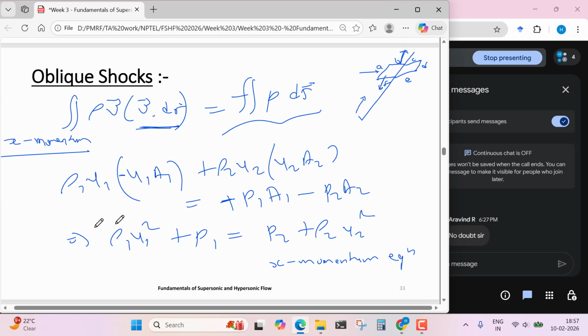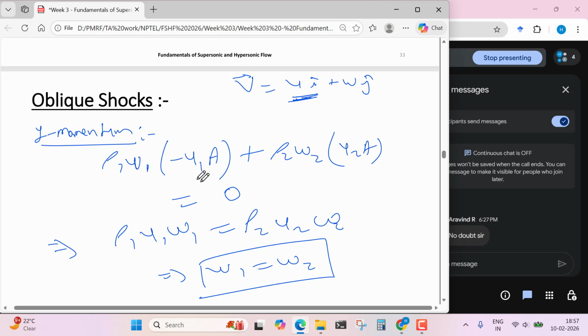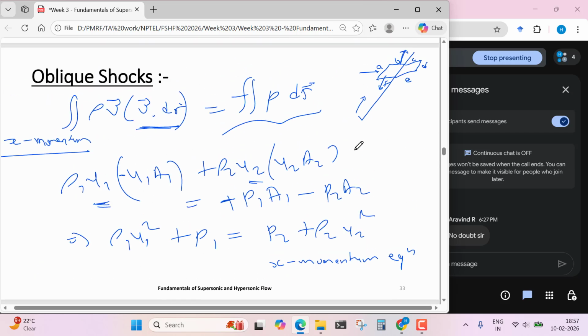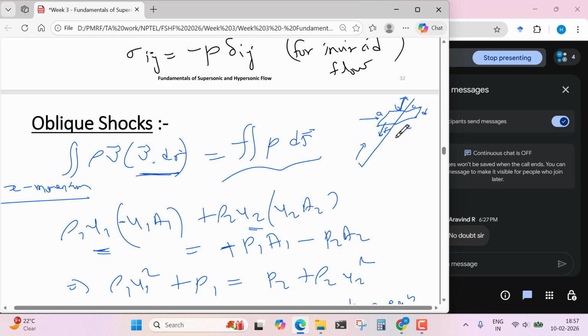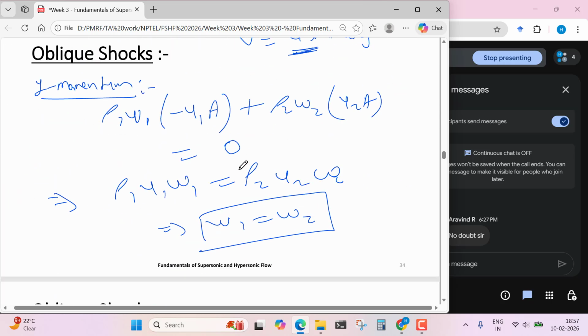But this velocity will change because now we are considering the y momentum. So we'll get ρ1 w1 times minus u1 A equals ρ2 w2 u2 A. And for the pressure term, as I mentioned before, the pressure value for these two surfaces is the same but the direction is different. So the whole effect of this will be 0. Similarly for the other side also. So we'll get this equal to 0.